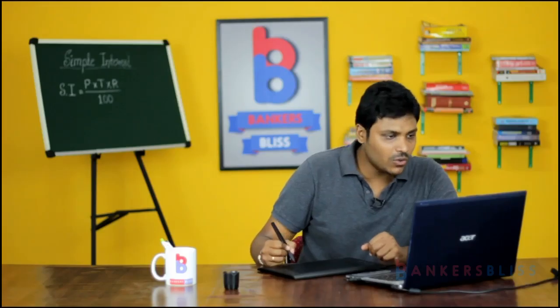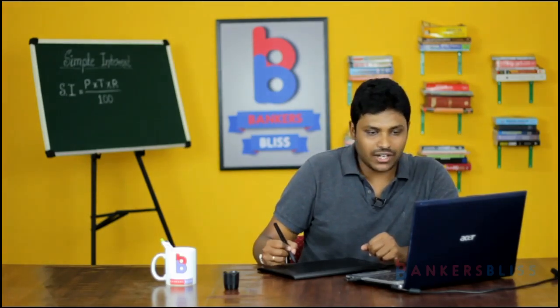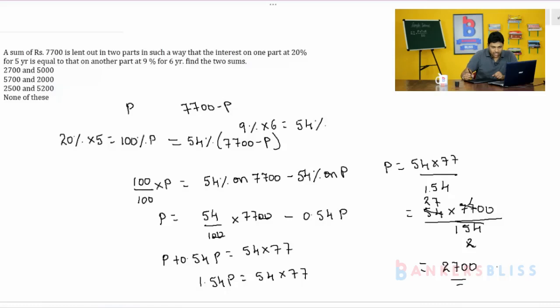So the principal amount is 2700. So 7700 minus 2700, you will get 5000. So option A is your answer, 2700 and 5000. These are the two different sums.